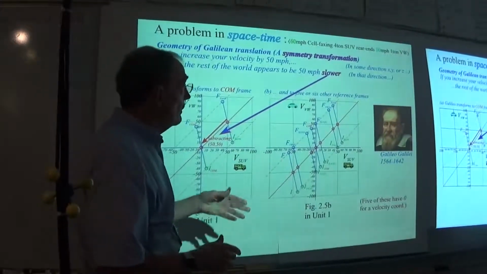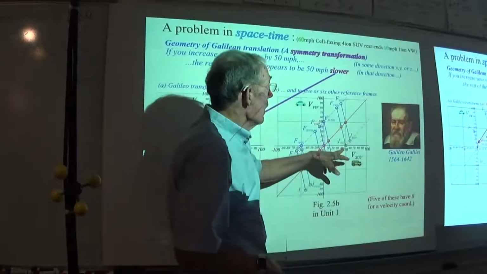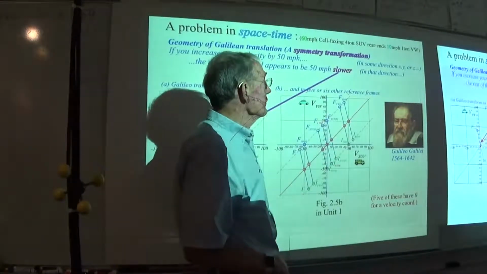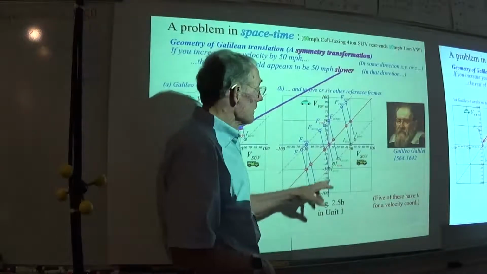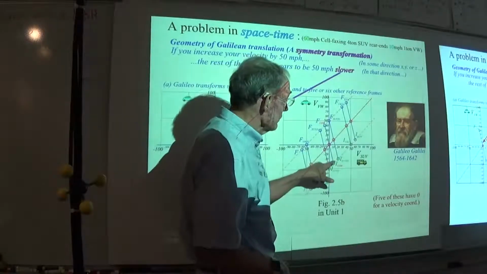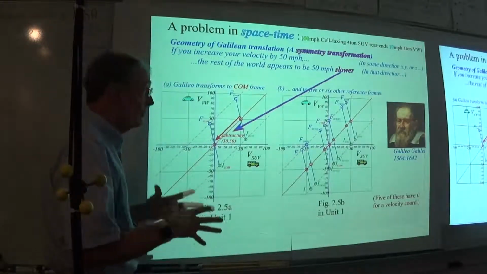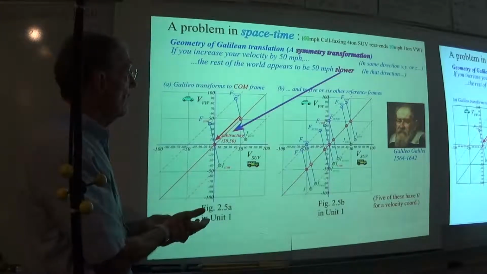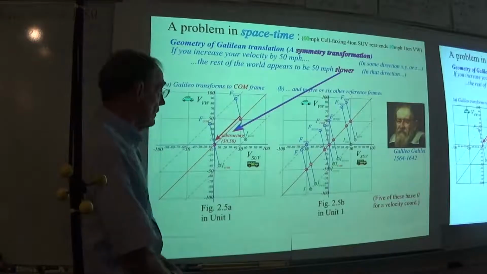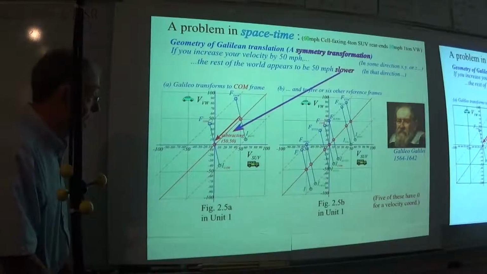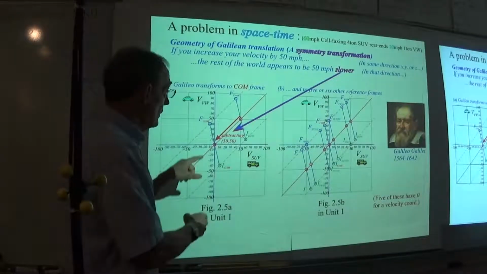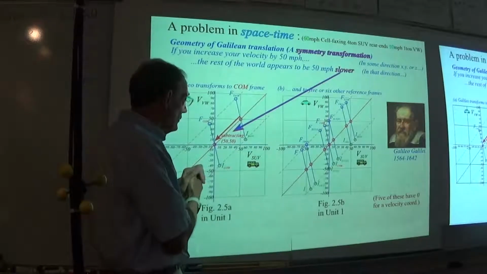Okay? So here are all of the other pictures of the VW versus the SUV in different frames, including this one right here. And that's a very special one. That's a very special frame for this problem that we're doing here, involving these two protagonists, the VW and the SUV. So when we get here, it's pretty simple what happens.